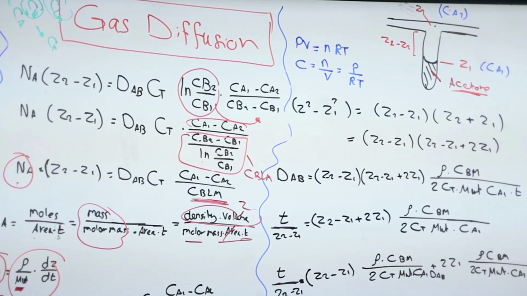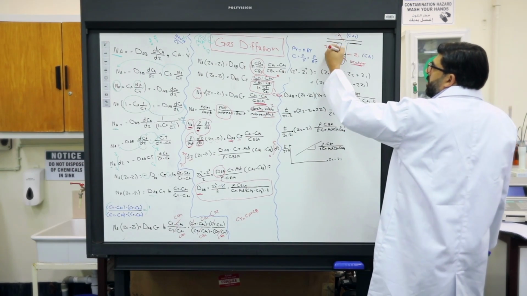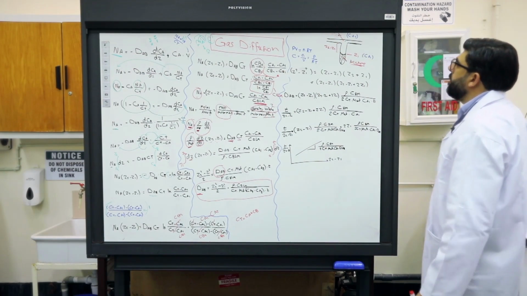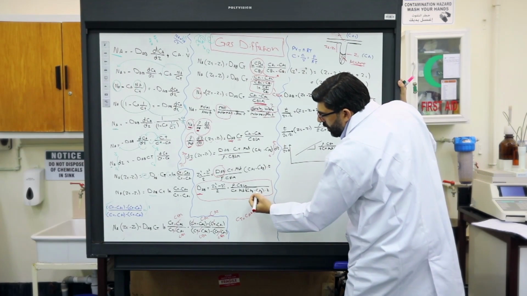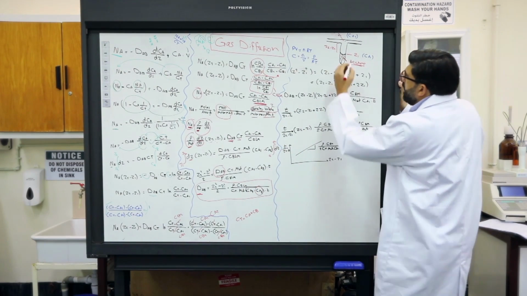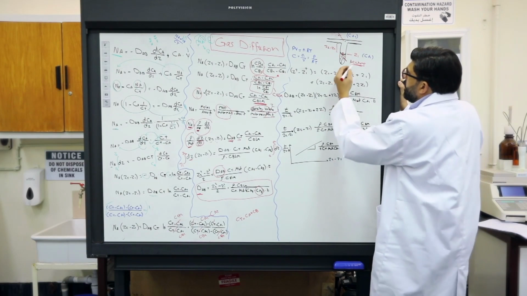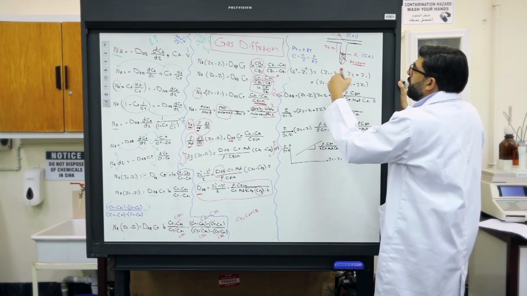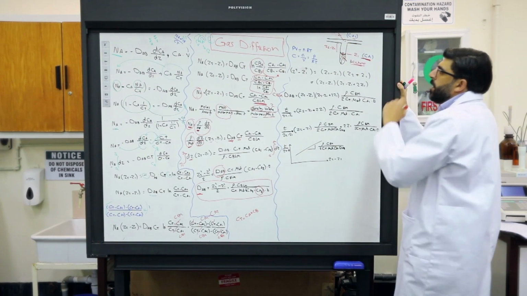So now this acetone, we want to measure the diffusivity of acetone over a certain time. So in this equation, we need the concentration of A at point 1 and at point 2. Suppose this is the first point, this is point 1, and this is point 2. So Z1 and Z2. We need also to find the concentrations CA1 and CA2.